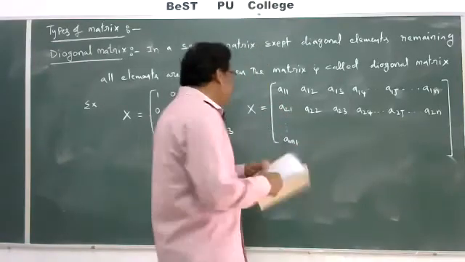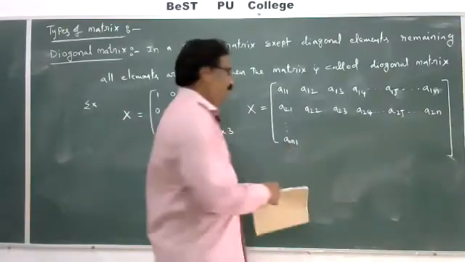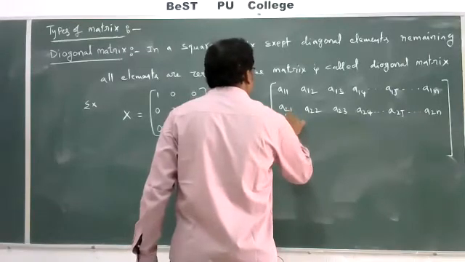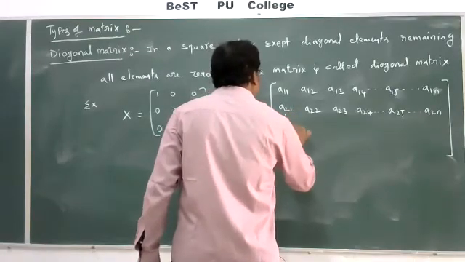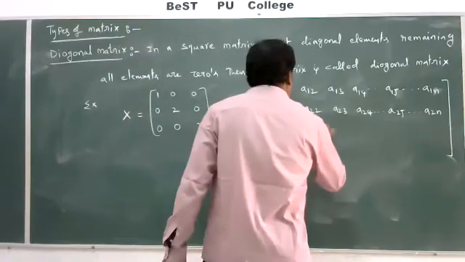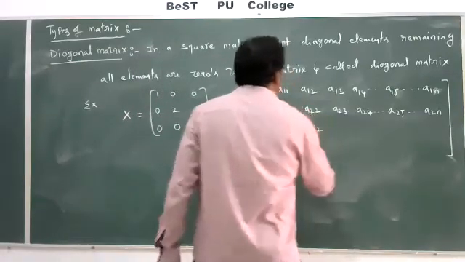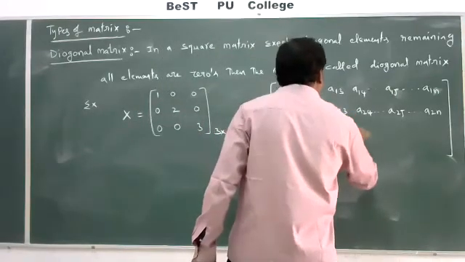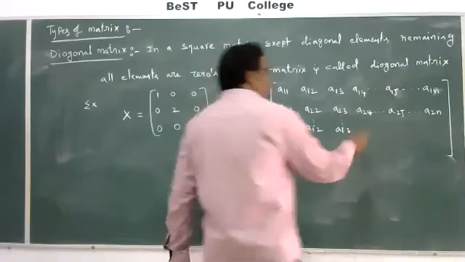Am1, that is mth row, first column. In between, another, Ai1, that is ith row, first column. Ai2, ith row, second column. Ai3, ith row, third column.